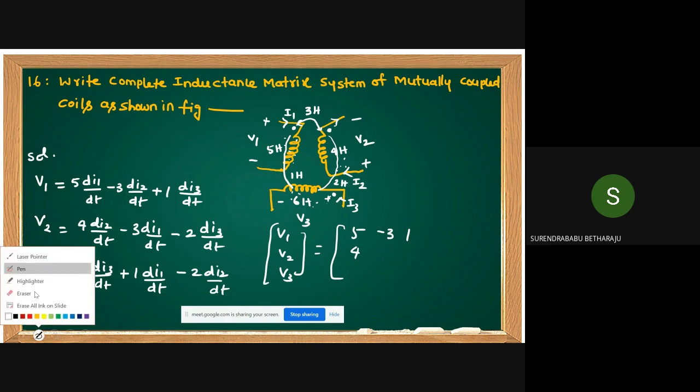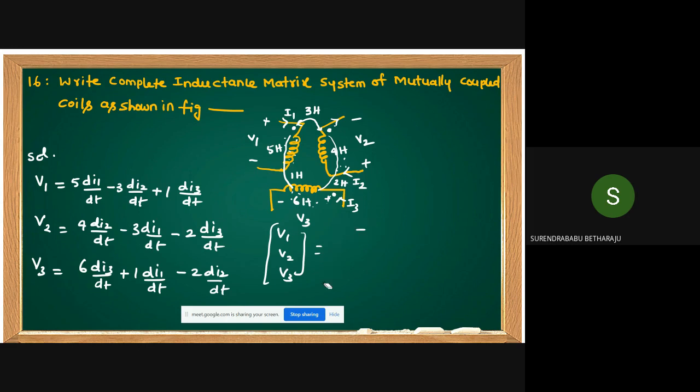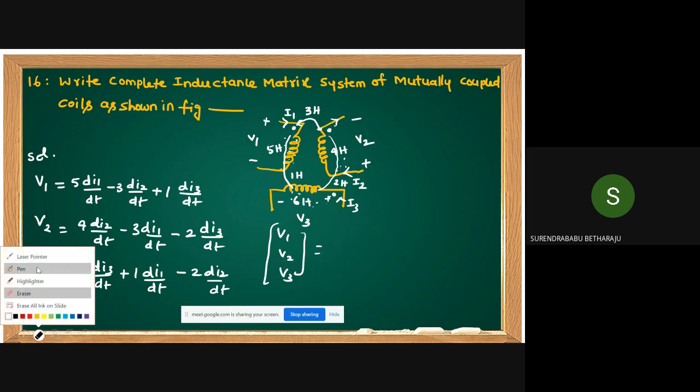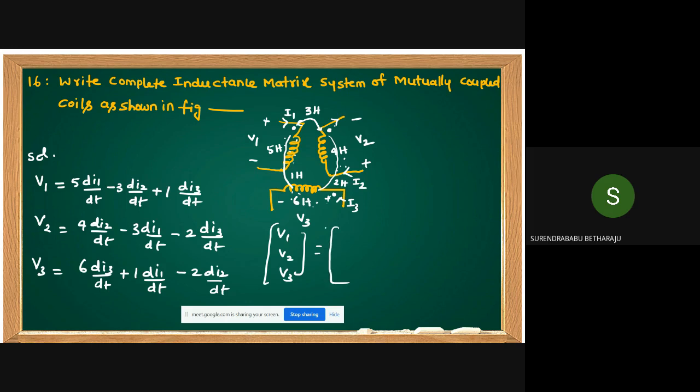First row: 5, minus 3, 1. Second row: minus 3, 4, minus 2. Third row: 1, minus 2, 6, multiplied by I1, I2, I3. Okay, this is the system of mutually coupled matrix.